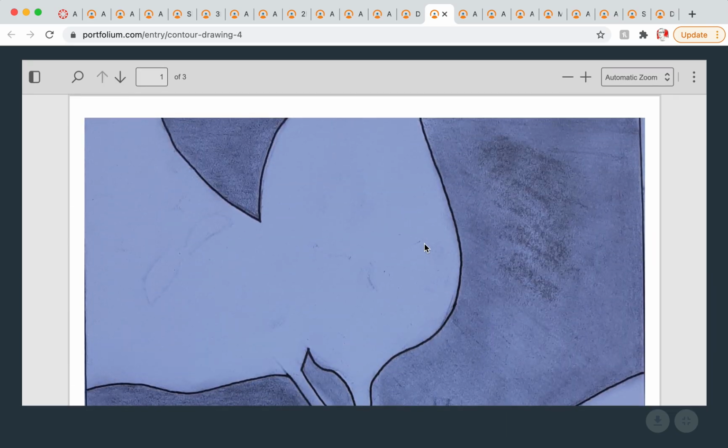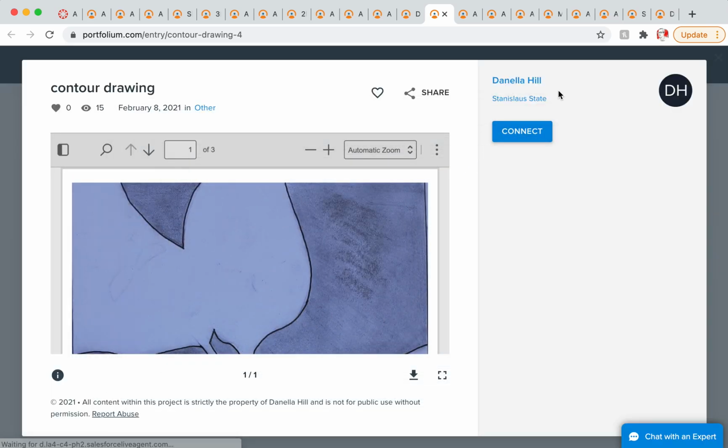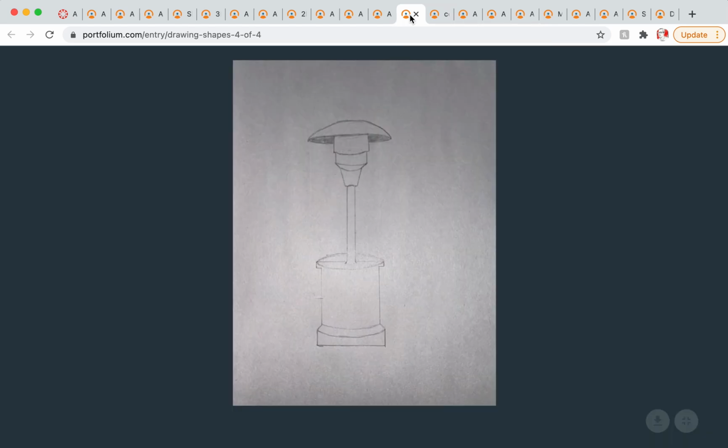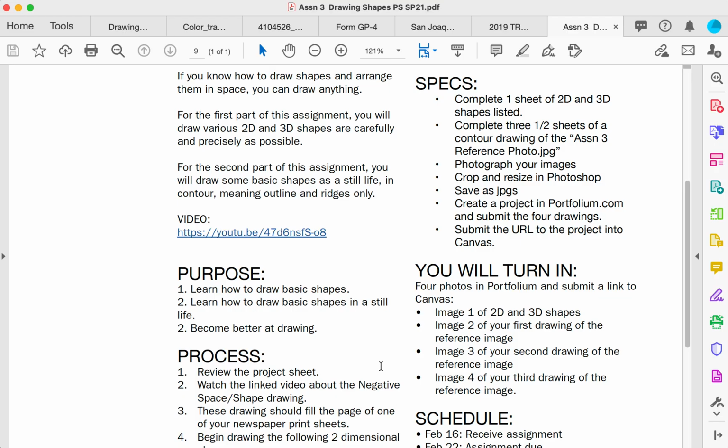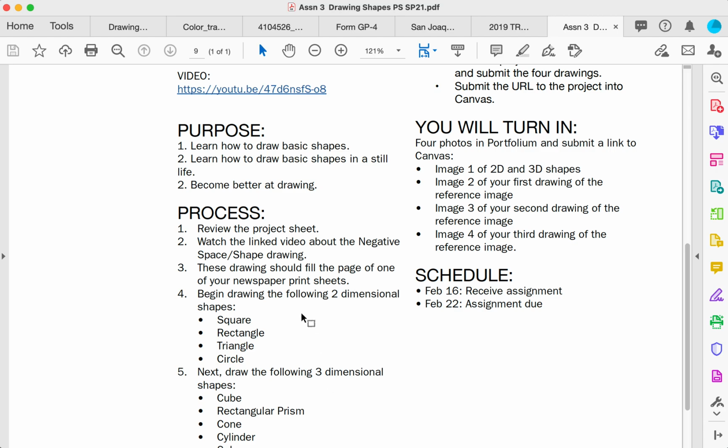Wrong assignment submitted. And yeah, so make sure you get the right one submitted. No, this will have to be a 0 until I see the next assignment. Not totally sure. This is the only image uploaded, just to let you know. And then the assignment sheet did say to draw the following 2-dimensional shapes, 3-dimensional shapes.